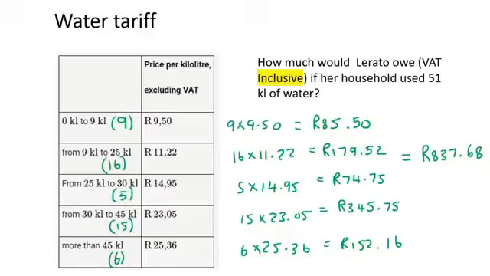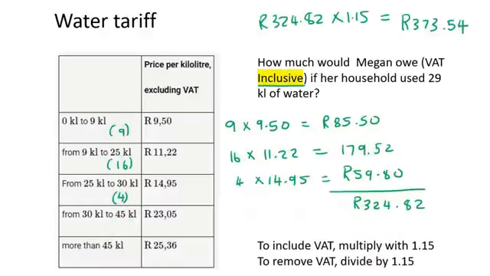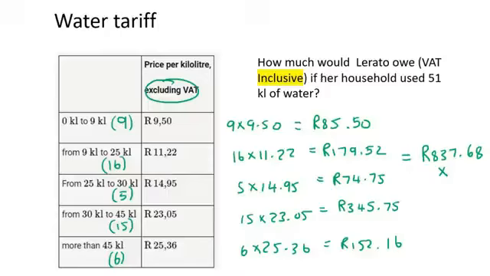Remember that this excludes VAT, but they want the price with VAT. Like I showed you over here, to include VAT, you multiply by 1.15. So we multiply this by 1.15 and we end up with 963.33 Rand. That is what Lorato would pay.